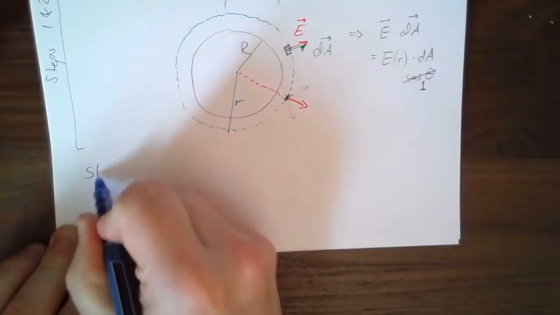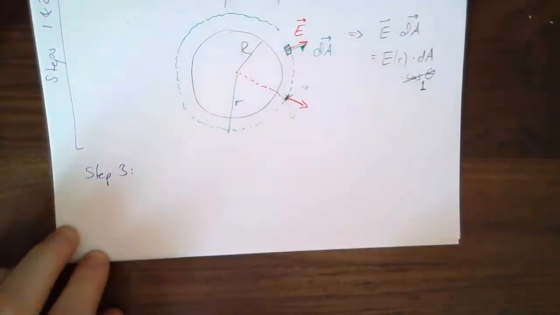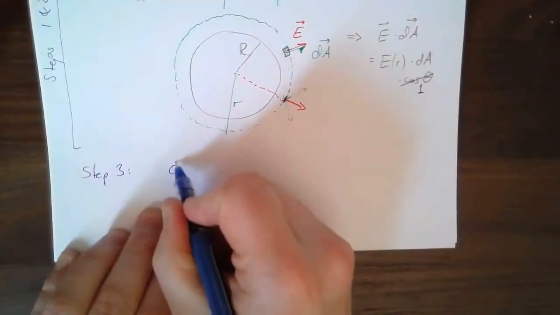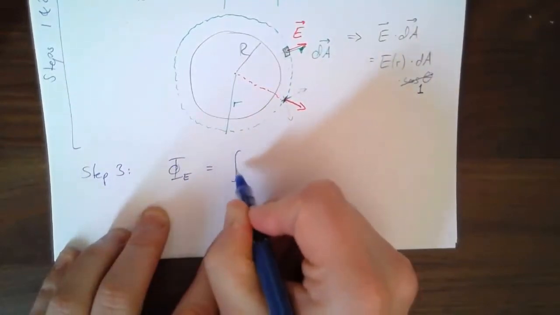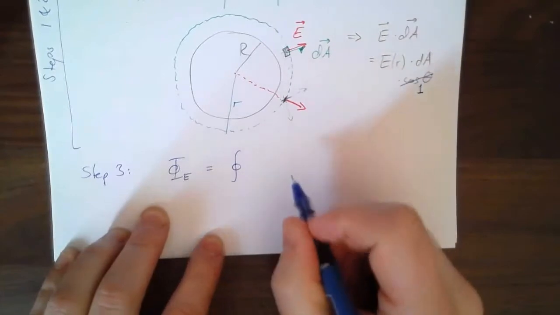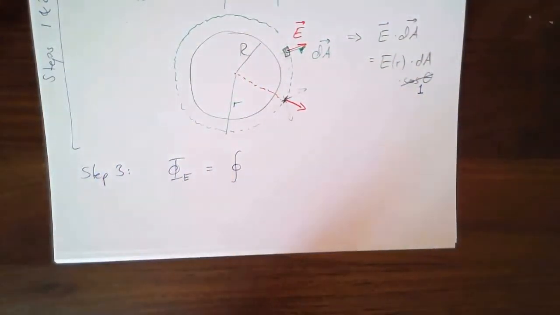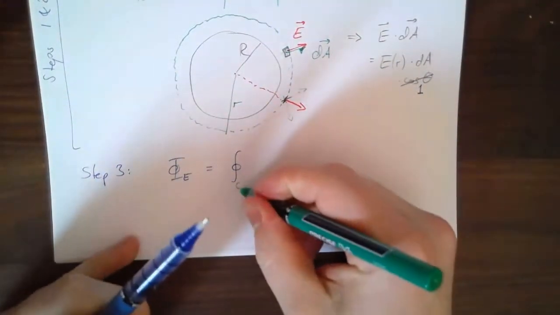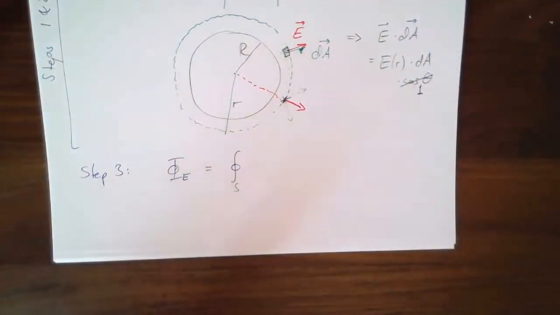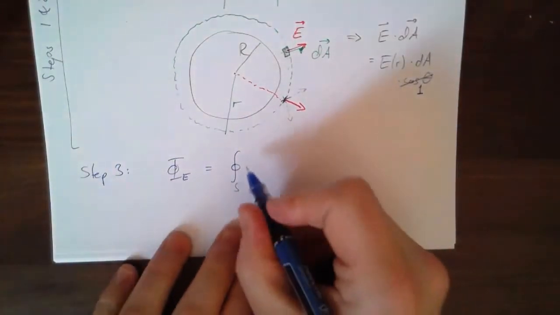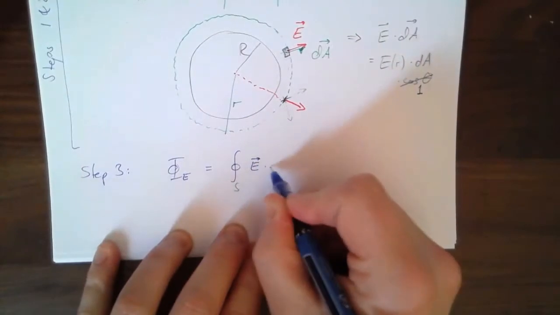So step 3. Phi, the electric flux, is the integral over our surface S. I guess I should keep this color coded, that's the green one, our big sphere of radius little r. And we're integrating over the flux through each individual window.